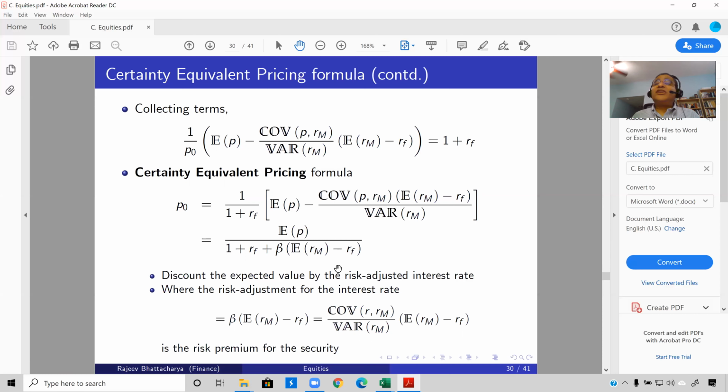So let's say, for instance, beta is equal to 1. So the riskiness that you're evaluating is about average for the market. Then this here, 1 plus RF plus beta, with beta equal to 1, gives 1 plus RF plus expected RM minus RF. So the RFs cancel out. So you're discounting by 1 plus the expected return on the market, which is exactly what one would predict from the CAPM.